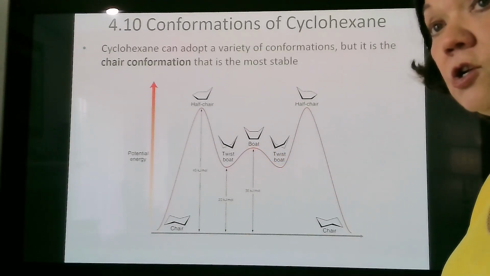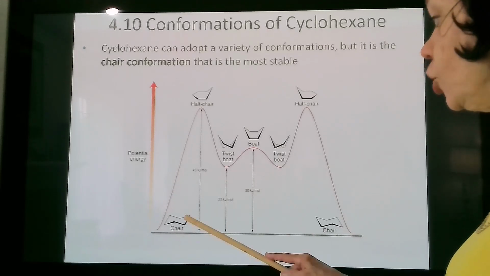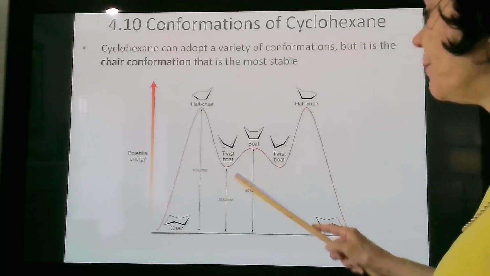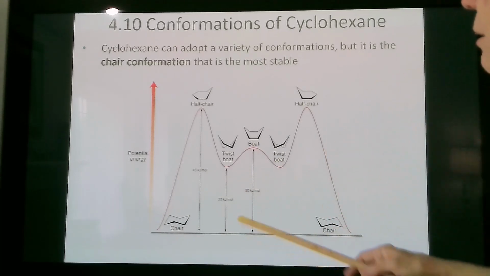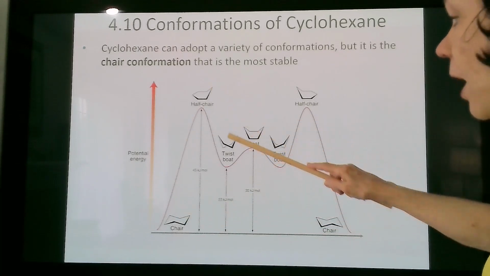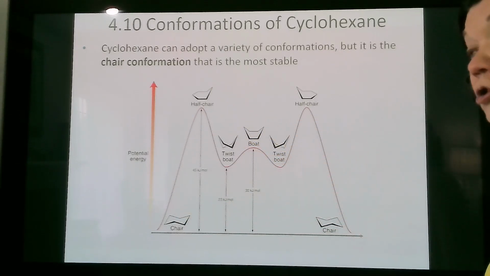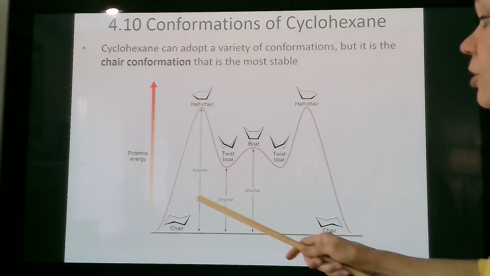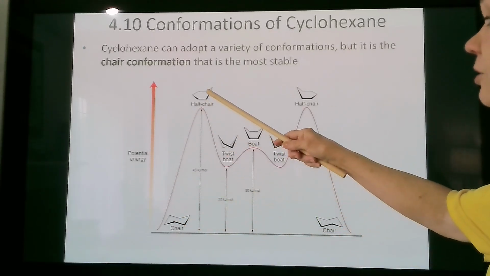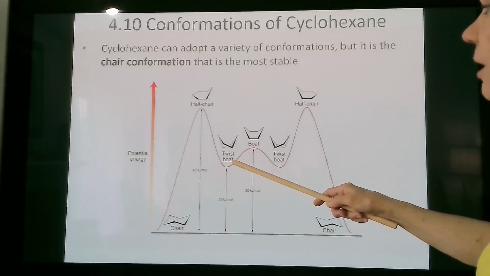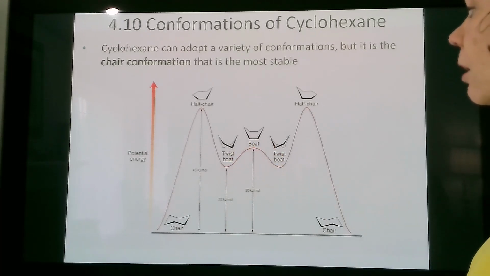You do need to memorize these names: chair, half chair, twist boat, boat. You need to know the structures that go with each one. You need to know the relative energies, not necessarily the exact numbers, but just that the chair is lowest, the half chair is highest, and the boat and twist boat are in between.